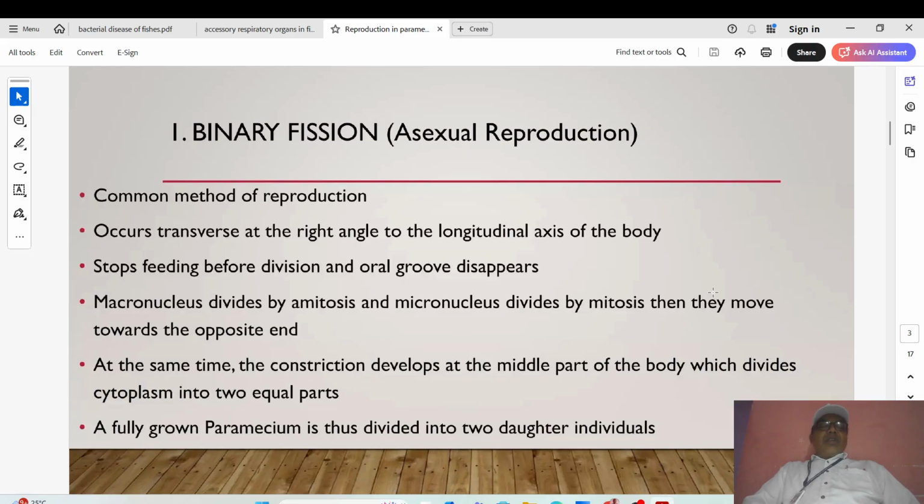The oral groove also disappears, and Paramecium bears two nuclei, a small micronucleus and a large kidney-shaped macronucleus.